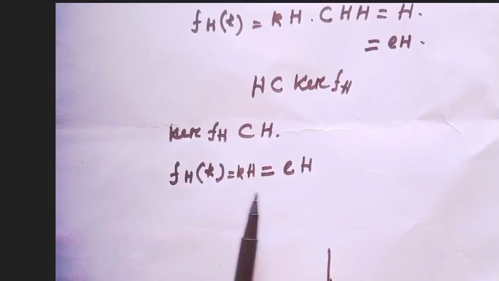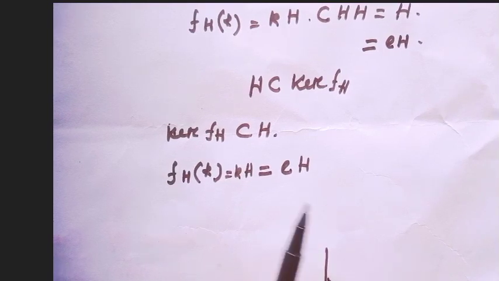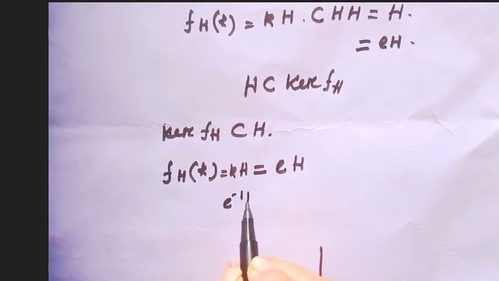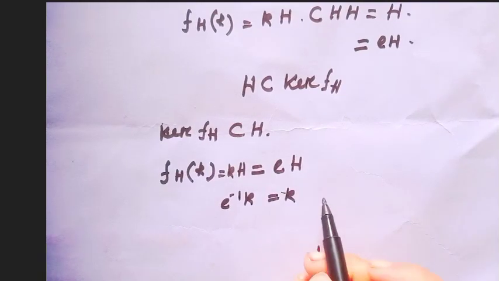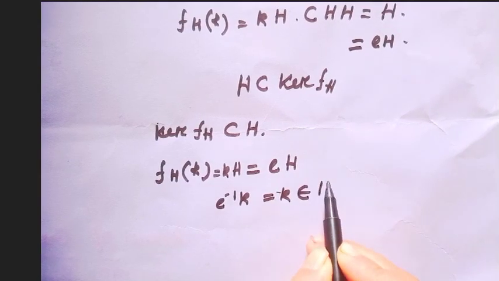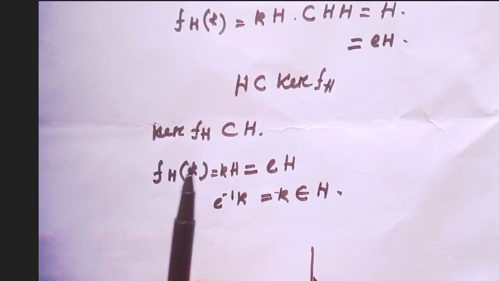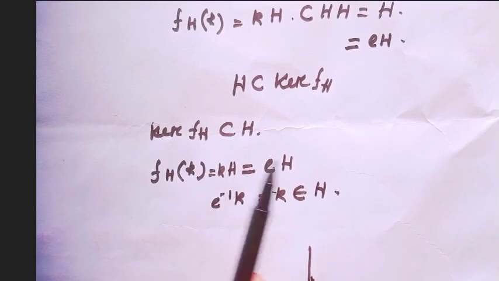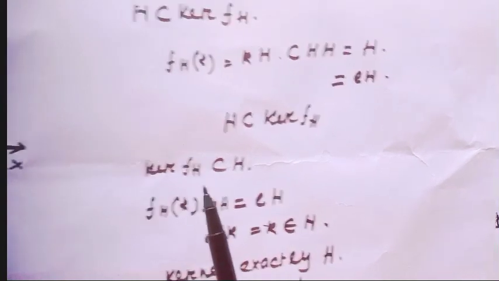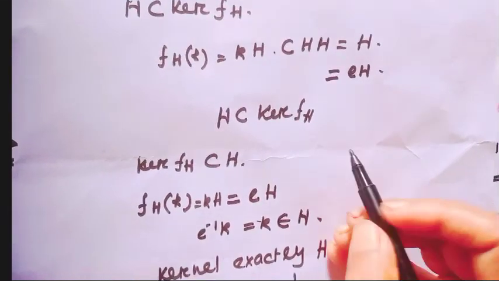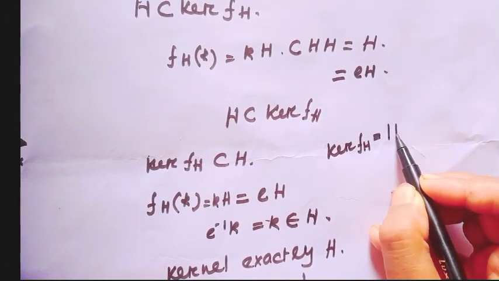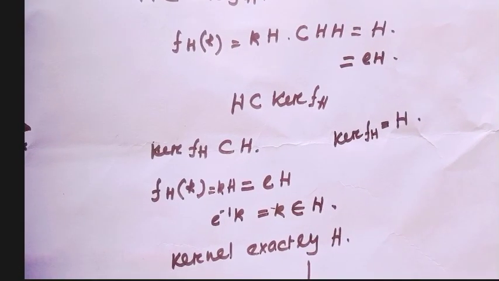From this line, since the two cosets are the same, we can multiply both sides by the inverse, and e inverse times k would be k, and that means from this line we can take k belongs to H. That means our proof is done. The kernel of f is contained in H, and since H is contained in the kernel of f and the kernel of f is contained in H, the kernel of f is actually the same as H. So the kernel is exactly H. Our proof is done.